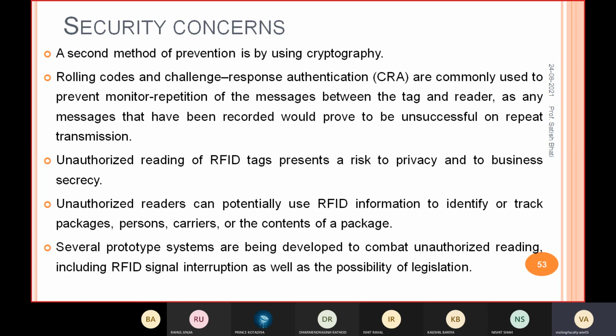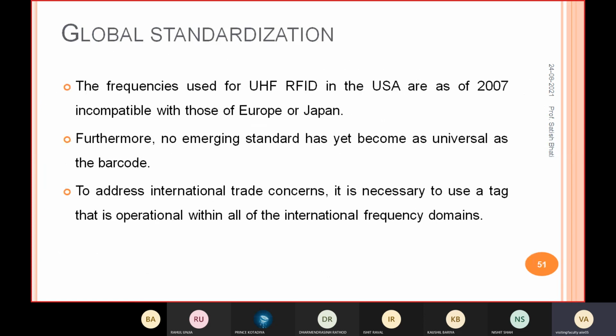Then global standardization, that is also one kind of problem. Some countries follow their own standards, their own rules and regulations. Like in India, maybe you heard or read in the newspaper, you can't use a drone at public places, but in some countries it's allowed.